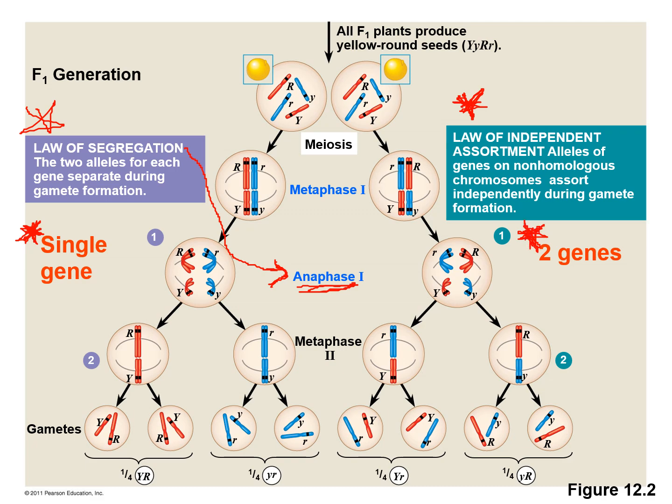Now you're looking at not only seed shape, whether they're round and wrinkled, but you're also looking at the seed color. And it's just saying that these two different genes are going to assort or be distributed into separate gametes independently of each other.